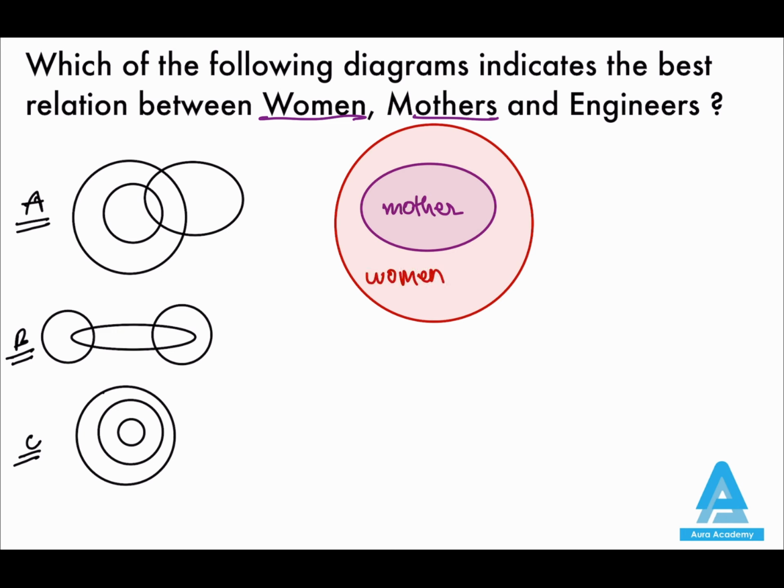But can you say that all engineers are women or mother? No, but you can say that some might, correct? So some mothers or women might be engineers. So this represents A. Okay.